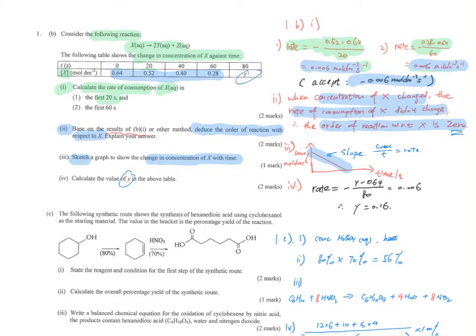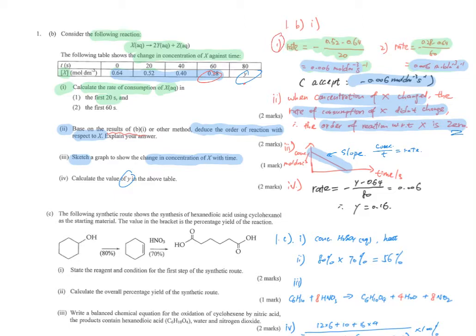And then part 4, calculate the value of y. So y here, you can imagine that y supposedly will be smaller than 0.28, right? Because you can see that the concentration keeps decreasing. So we know that by using part 1, the rate is unchanged.